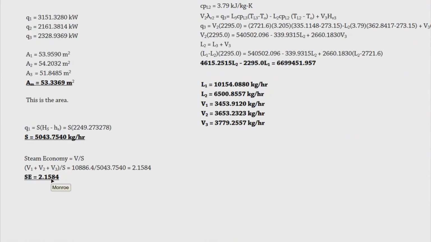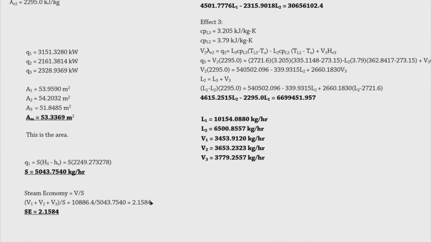So you just add the vapor released from each effect, and by virtue of each effect releasing vapor, the steam economy would be greater than 1, because steam is only fed at the first effect and the vapor keeps being released in the succeeding effects.